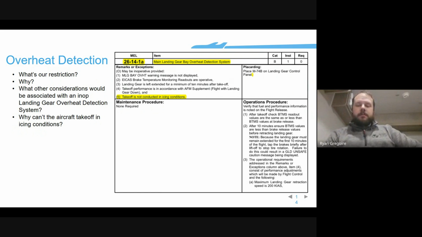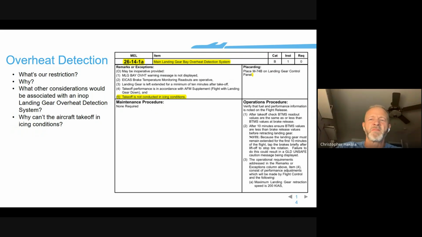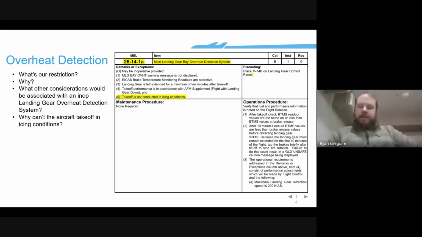In case of hot brakes, maybe? I don't know. Yep, you're exactly right. If the brakes are hot, we no longer have a system to tell us that they are hot. And we do not want to retract that main landing gear into the aircraft if they are overheating, because that could start a fire on the aircraft. And we don't want that.